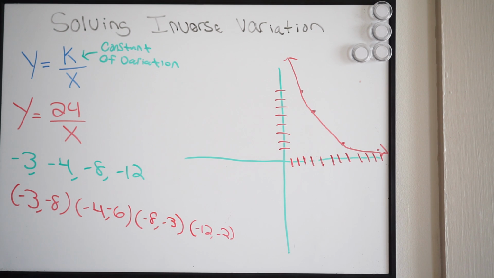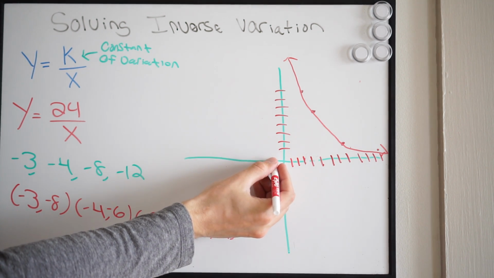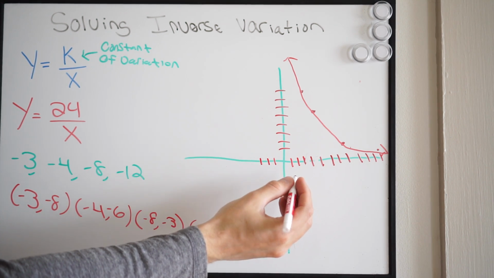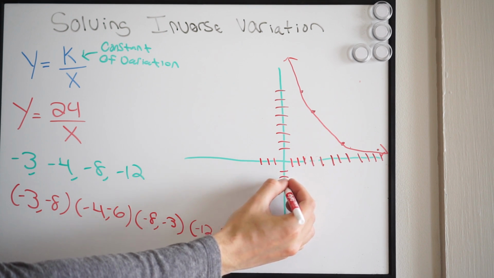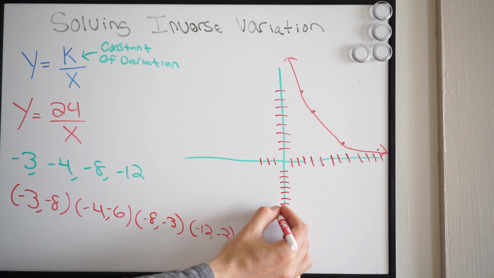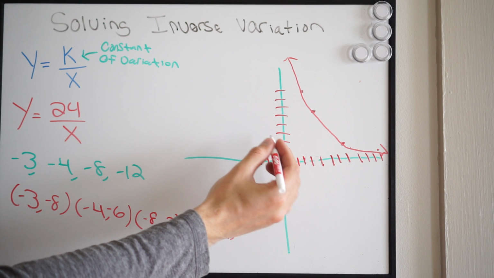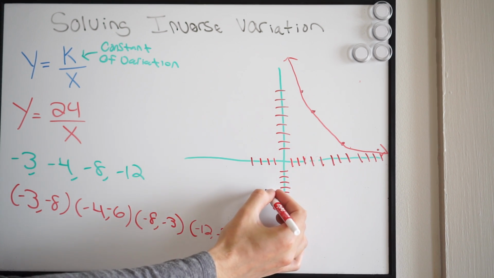And again, we can go ahead and graph these out. So we're going to go over negative 3, and then we're going to go down 8. So 1, 2, 3, and then down 8: 1, 2, 3, 4, 5, 6, 7, 8. Over negative 4, down 6. So now we are right here.